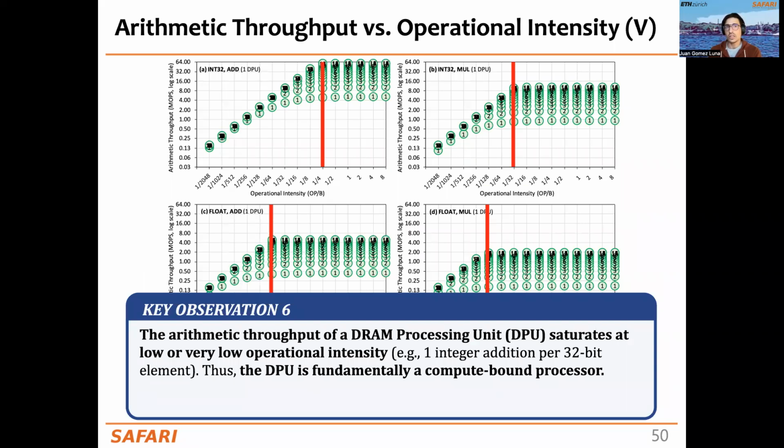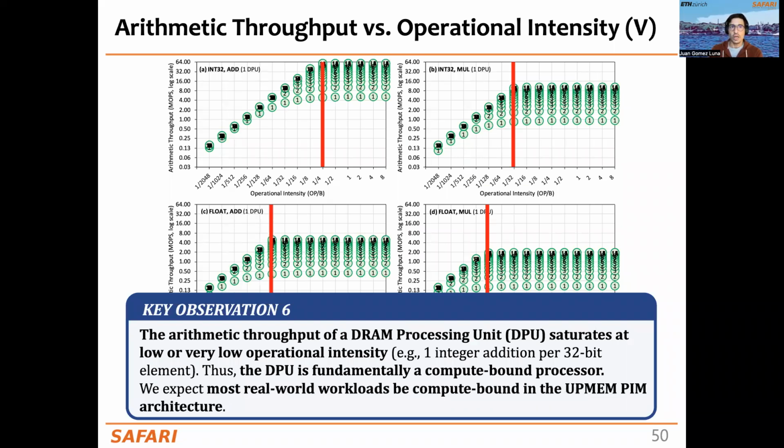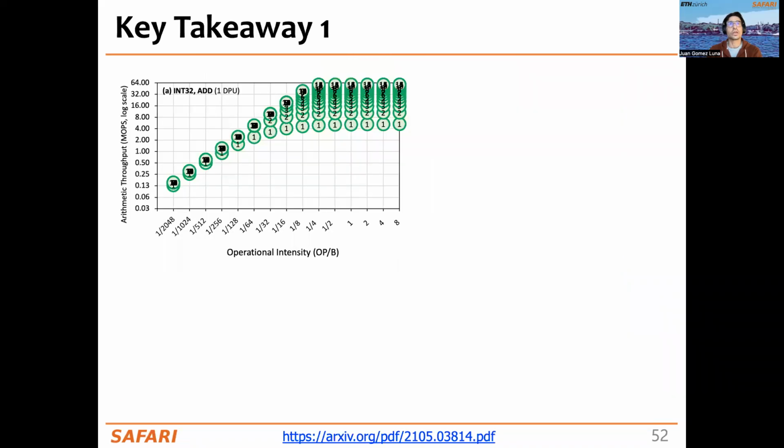And that means that the DPU is fundamentally a compute-bound processor. So we expect that most real-world workloads will be compute-bound in the UPMEM PIM architecture. But this is some analysis that we are going to see in later lectures.